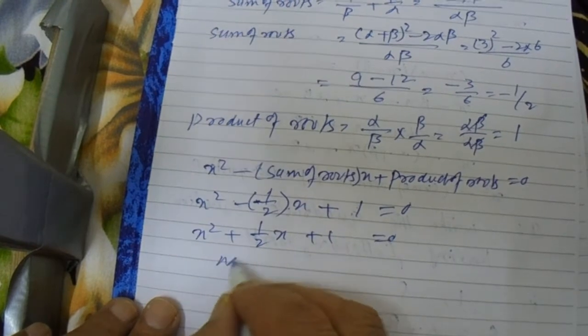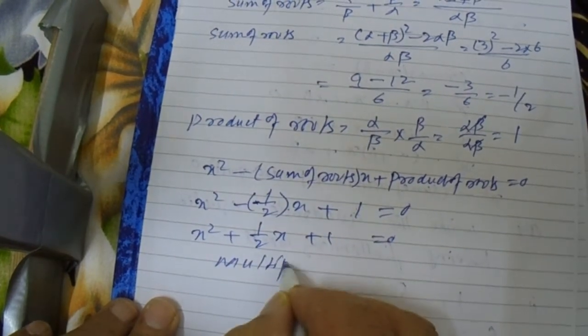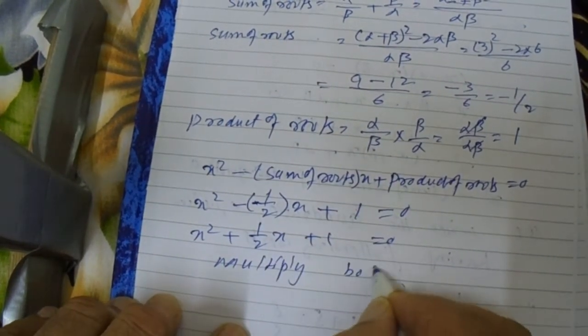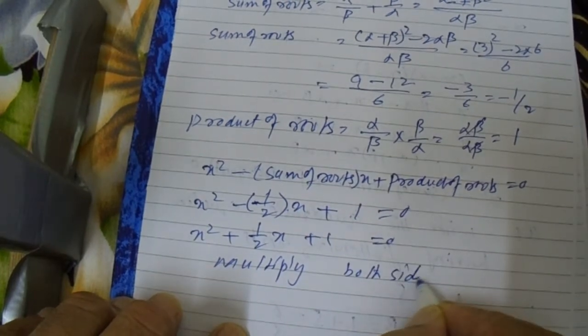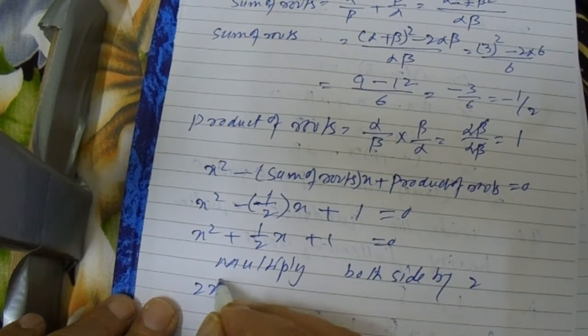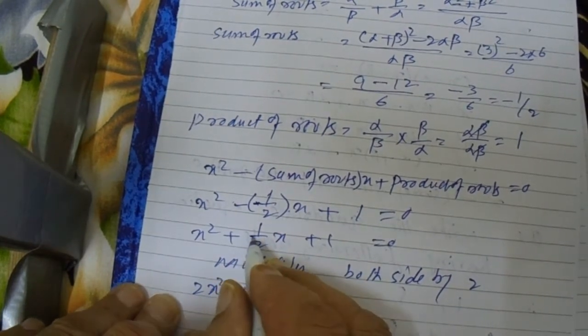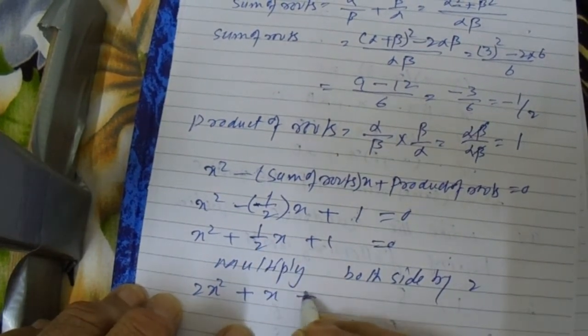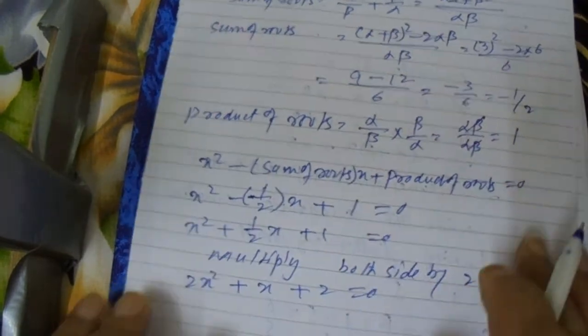Multiply both sides by 2. We get 2x square plus x plus 2 is equal to 0. Now it is the required equation.